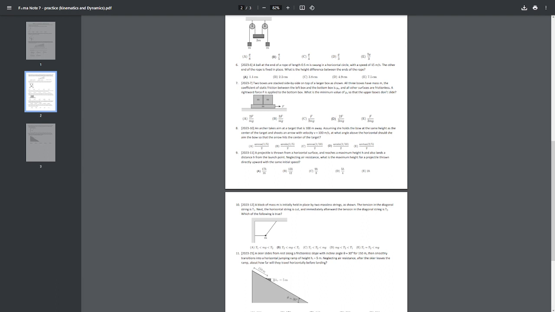And this is going by v squared over 2g. Finally, our height is going to go by some trigonometry based on time. And that's going to give us v naught squared sine 2 theta over g.